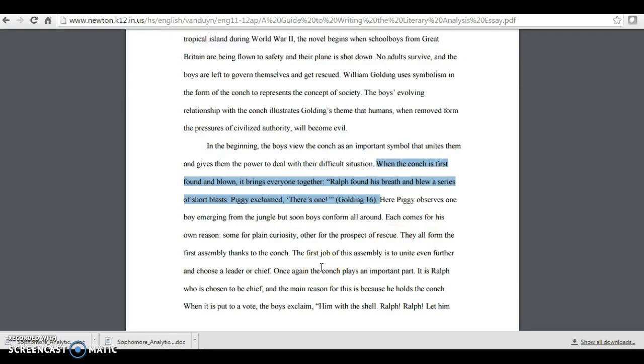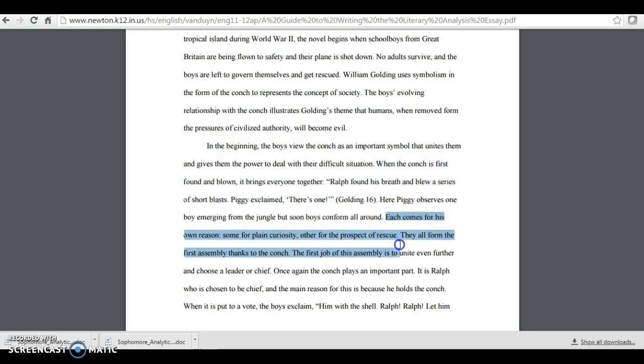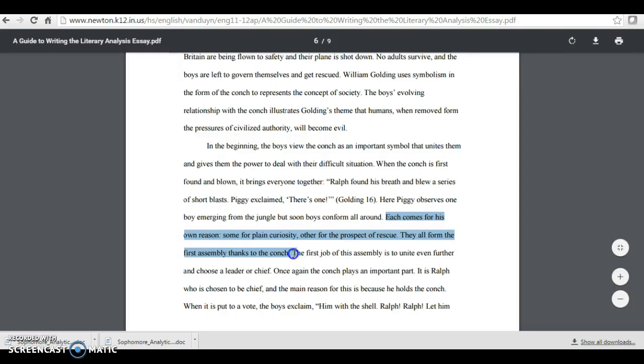The analysis: each comes for his own reason, some for curiosity, others for the prospect of rescue, and they all form the first assembly to thank the conch. So, further detail there.